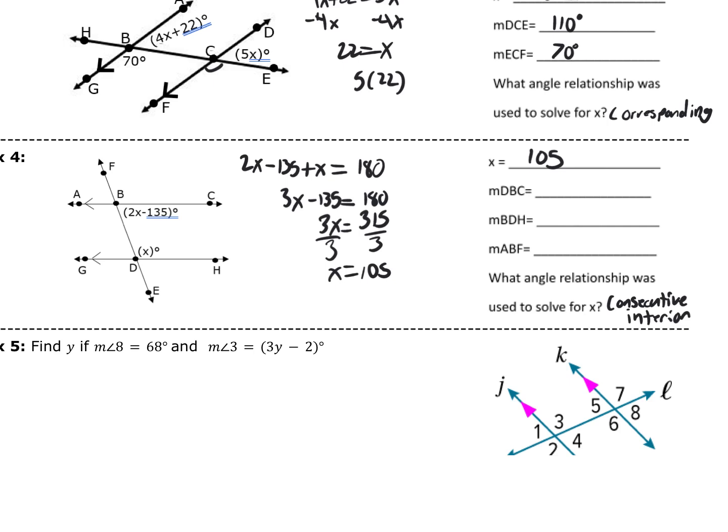So that's going to be 2 times 105. And then we subtract 135. So that's 75 degrees. The measure of angle BDH is the x, which is 105 degrees. And the measure of angle ABF is going to be vertical to that 2x minus 135. And so that's also going to be 75 degrees.